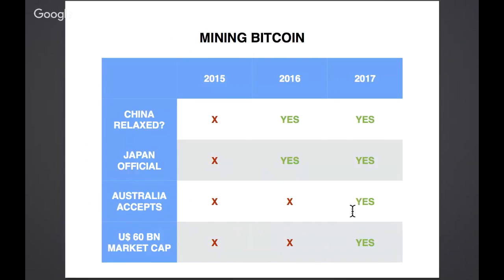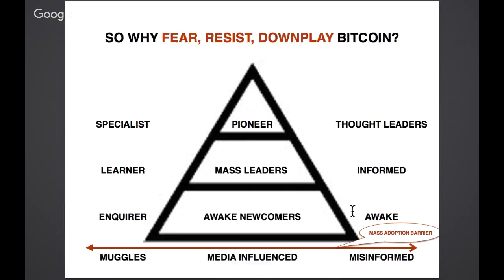That's your choice. So why do people fear or resist or downplay Bitcoin? It's very, very simple. Here in the middle of this triangle, you've got the pioneers. They're at the very top, at the pinnacle. They're the ones who were the early adopters. They were the ones to devise, even conceptualize, how the blockchain would work out.